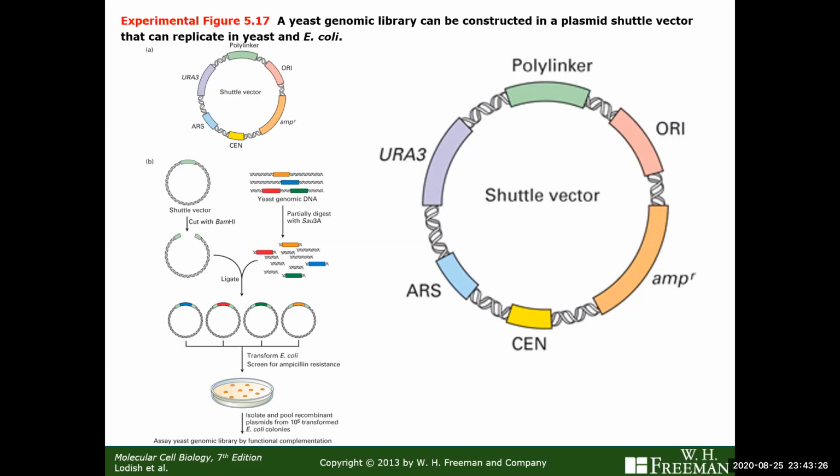So URA3 is one of the genes that is essential for making uracil. So the host yeast cell will be mutated for this particular gene. So it will be URA3 minus, like in yeast, we write like this.